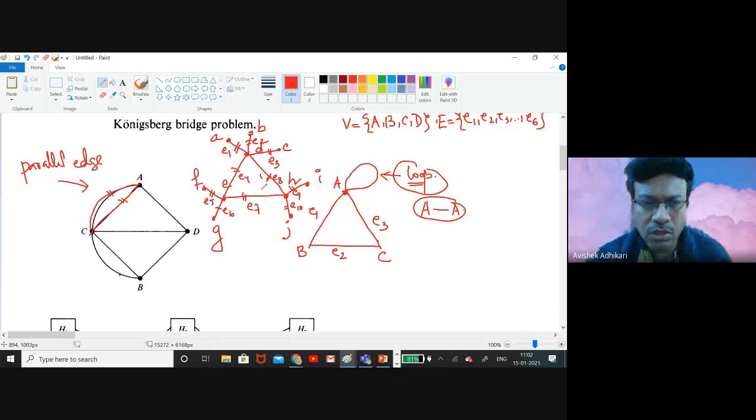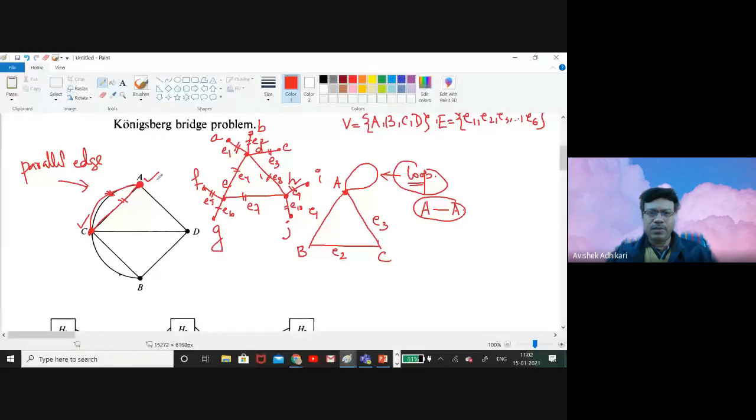There are many edges and many vertices, but none of these edges are loops or parallel edges. Parallel edges means you have two vertices and at least two edges which start from one vertex and end at the same other vertex. If I draw like this, then that will be parallel edges. But in this graph, there is no parallel edge.